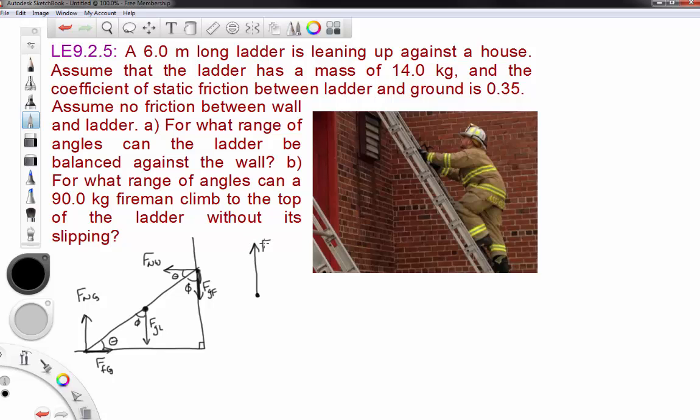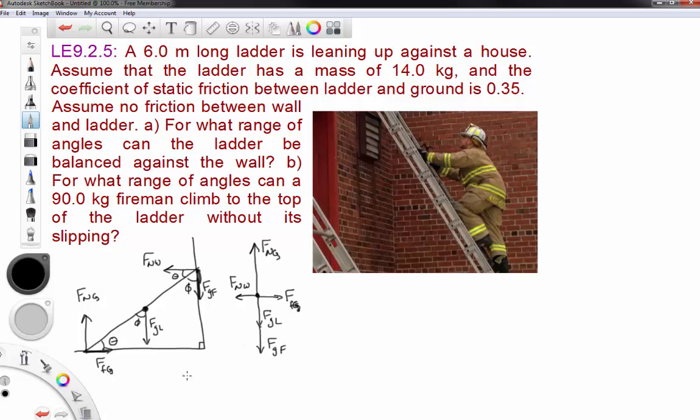There is still the normal force between ladder and the ground, still has the frictional force between ladder and ground needing to balance out the normal force between the ladder and the wall. This time, however, there are now two downward forces. One is the weight of the ladder, the other is the weight of the fireman.